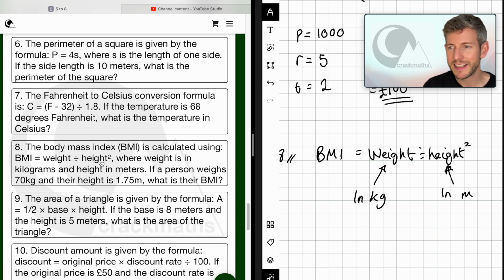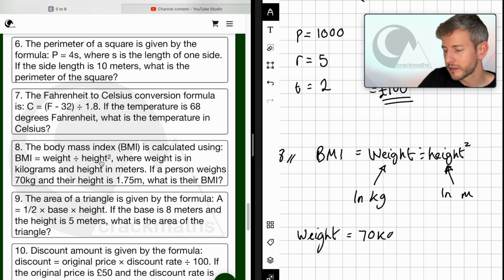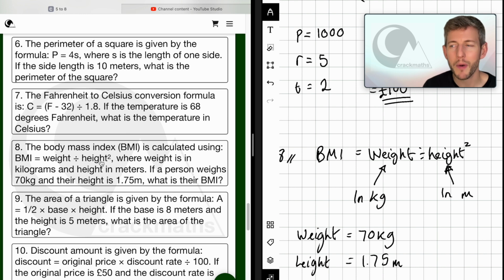So let's have another look at the question. The body mass index is calculated using BMI equals weight divided by height squared, where weight is in kilograms and height is in meters. If a person weighs 70 kilograms, so their weight equals 70 kilograms, and their height is 1.75 meters, what is their BMI?